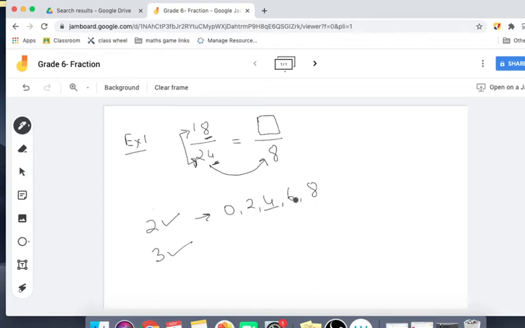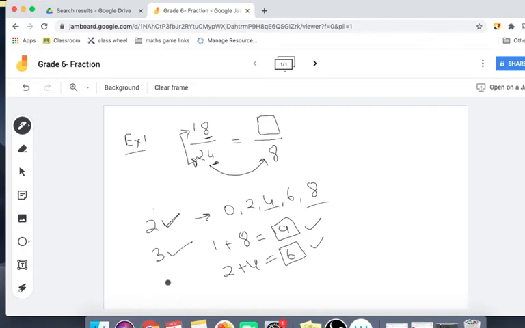So both are correct, and yes, it is divisible by 2. The divisibility rule of 3 is that we add all the digits and the sum should be divisible by 3. 1 plus 8 is 9, which comes in the table of 3, and 2 plus 4 is 6, and 6 comes in the table of 3. So yes, this is divisible by 3.